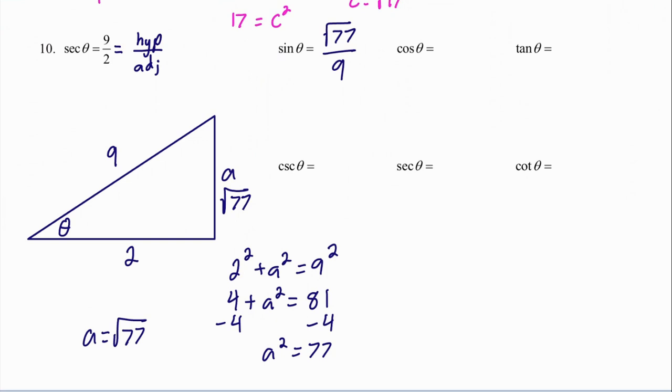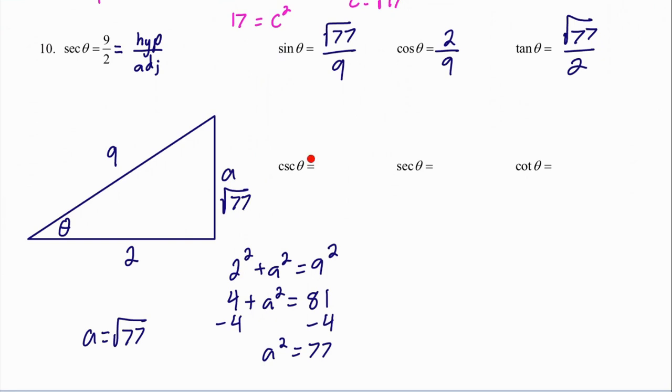The cosine is going to be the adjacent over the hypotenuse, so it's going to be 2 over 9. And the tangent is going to be the opposite over the adjacent. So it's going to be the square root of 77 over 2.